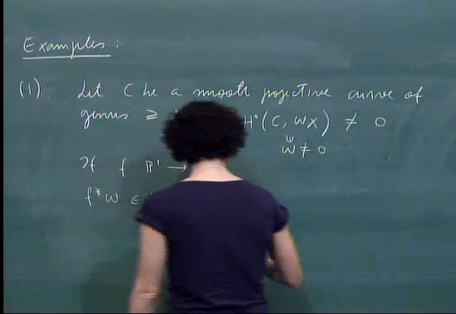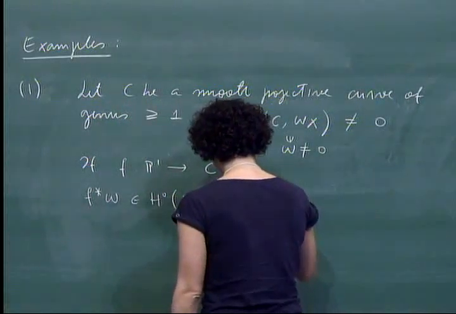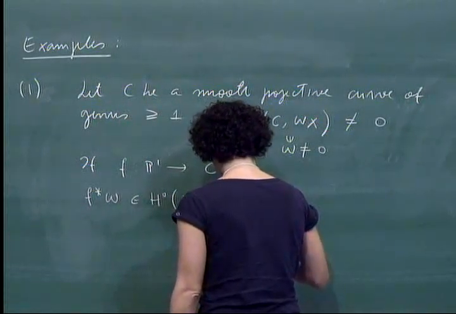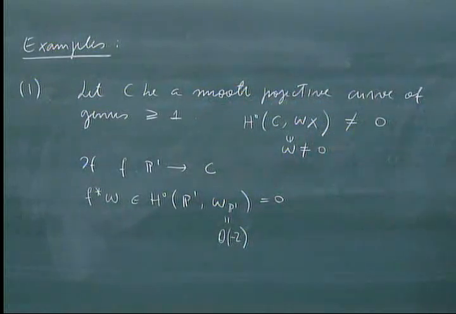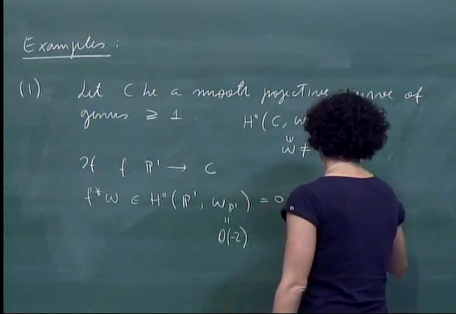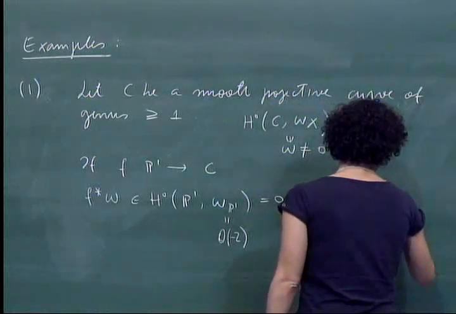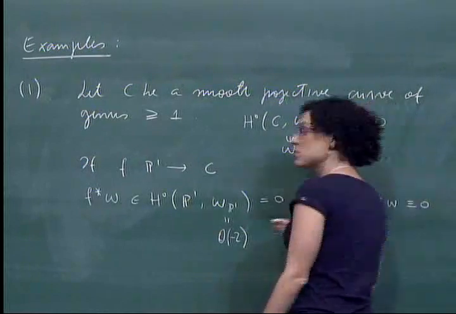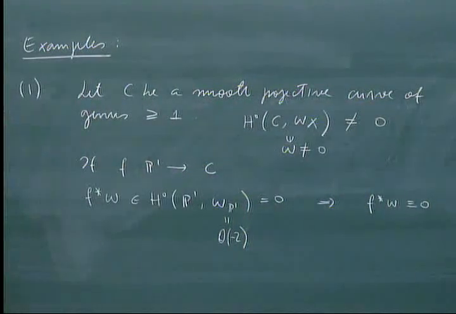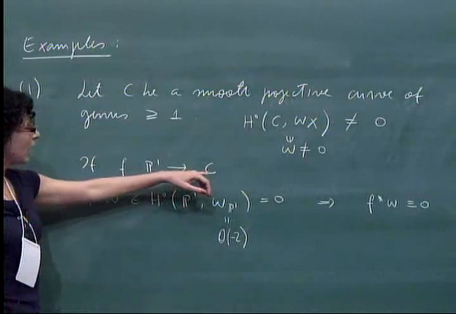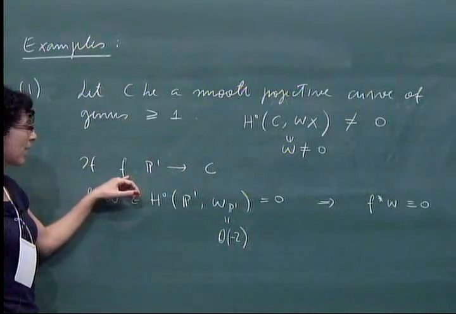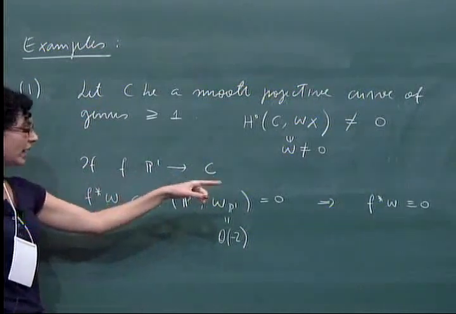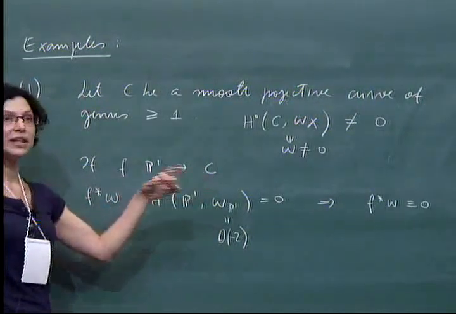Now, the canonical sheaf of P1 is O(-2), so we know that this has no global sections. So this shows that this pullback must be identically 0. Now we have a non-zero one-form, and when we pull back by a morphism from P1, we get a form that is identically 0.